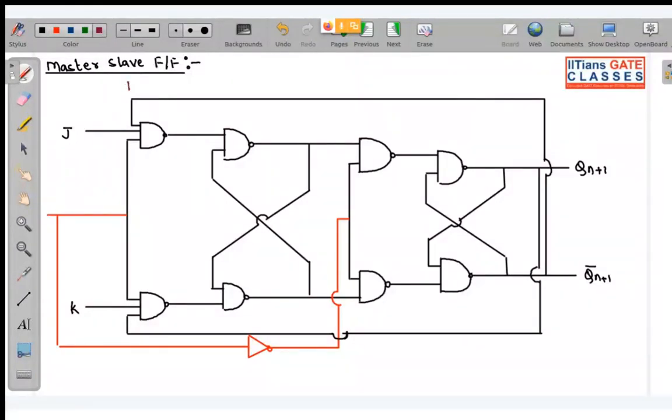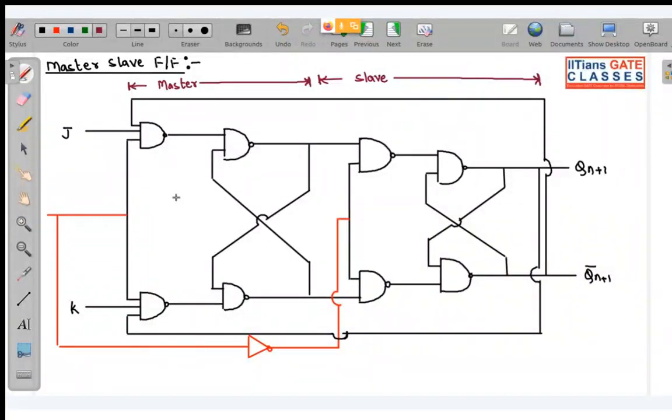This part is known as your master part, and this part is known as your slave part. This is master, this is slave. Fine. Can you analyze this circuit on your own?